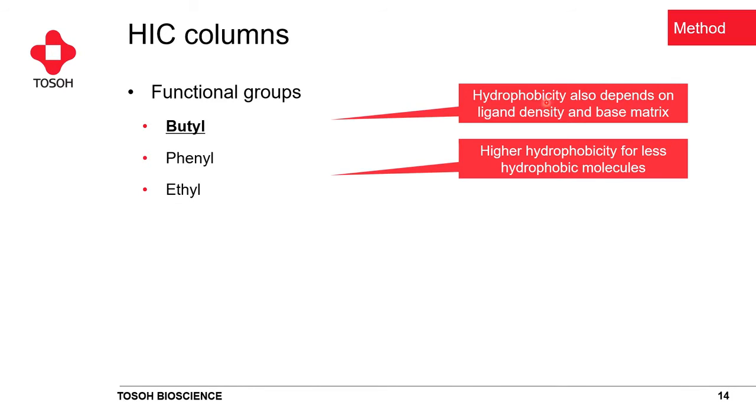And one thing I would like to mention here is that it's important, not only the group itself determines how hydrophobic the column is at the very end, but also the base matrix and the ligand density. So it comes that, for instance, a butyl column may be less hydrophobic as compared to an ethyl column. It always depends on how many ligands you have on the column and what the base matrix is.